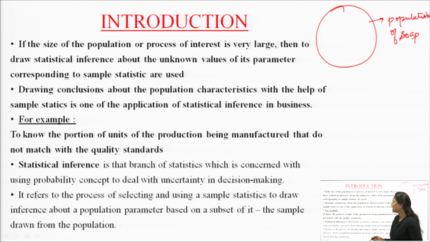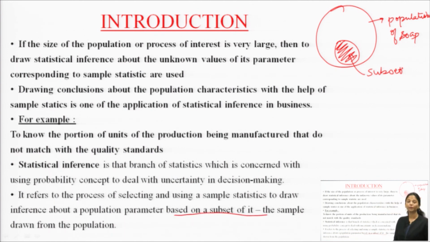So, I will take out a sample from here, which is called a subset, to draw inferences about the population parameter. If this is the whole population, a small part of it which we want to study is taken out, and that is called the subset of this population.